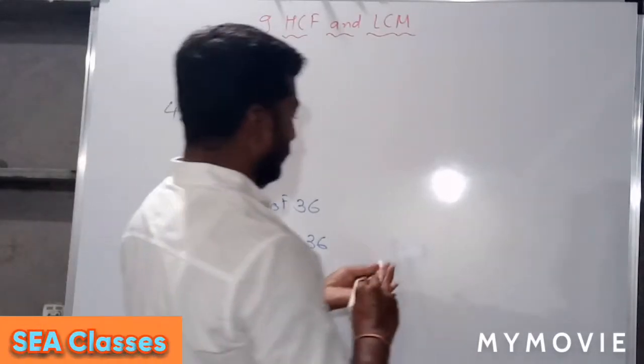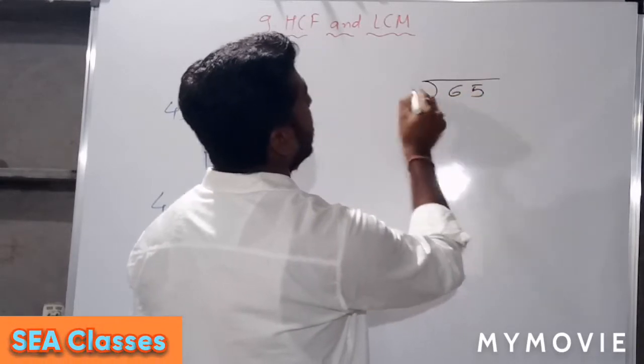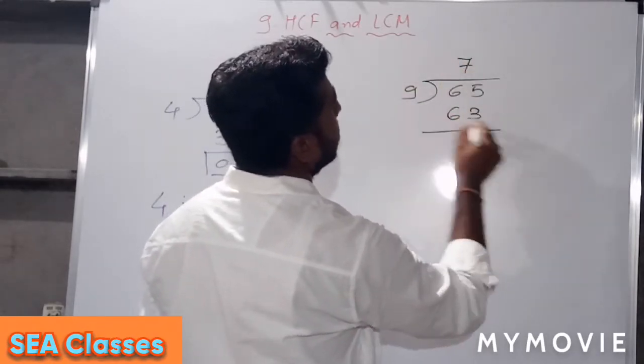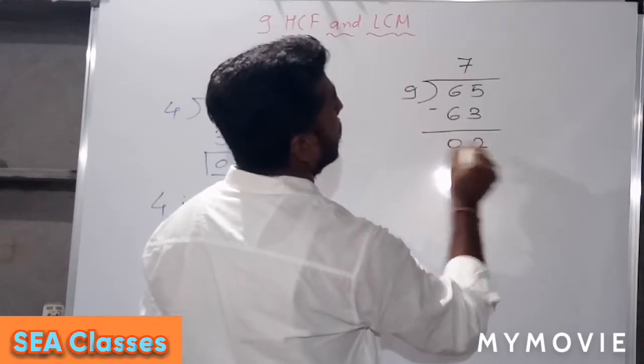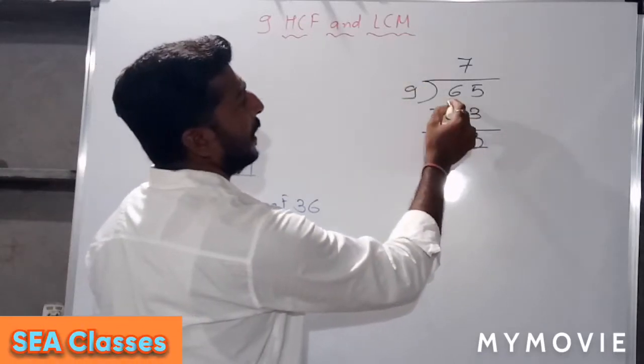One more example we will take here. 65 is divided by 9. 9 7s are 63 and you get a remainder of 2. That means this 9 cannot completely divide 65.